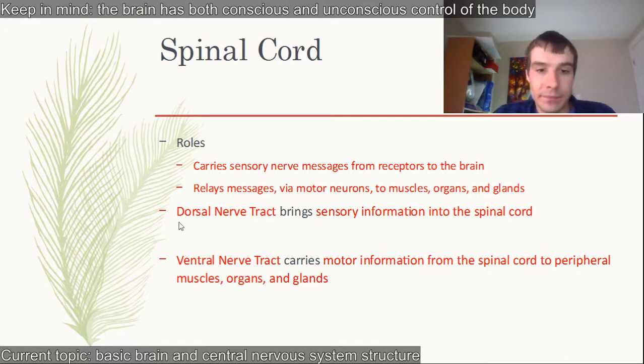So if you know enough French, dorsal comes from dos, means back, and ventral comes from ventre, which means stomach. So the back side of the spinal cord is going to bring sensory information up, and the stomach part, the front part of it, sends it down.